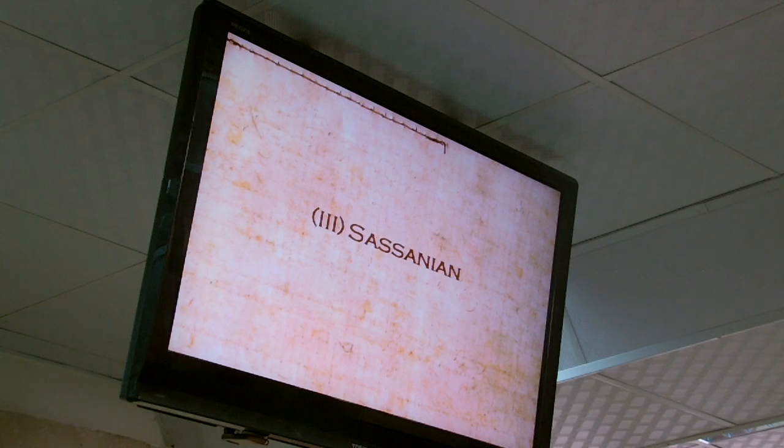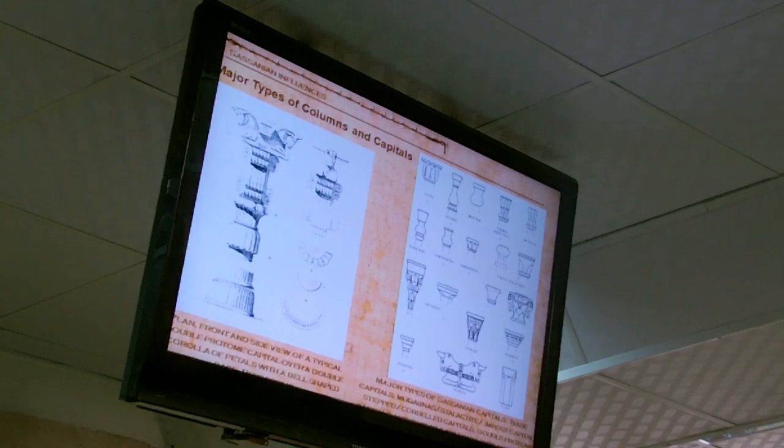Now we get to Sasanian influences. Sasanian columns usually retain grandiose proportions.